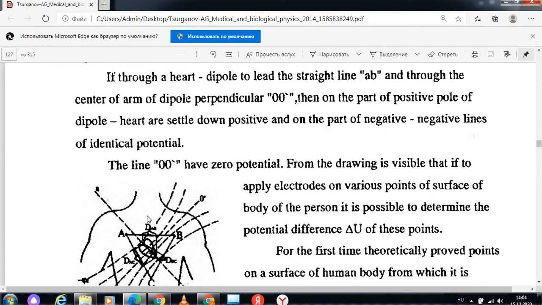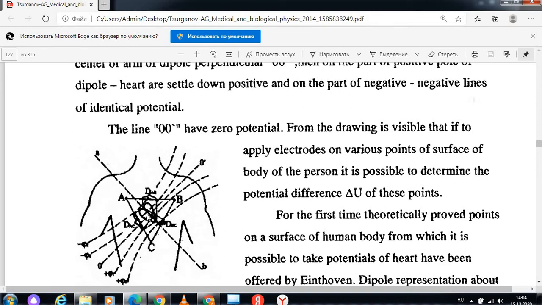then on the side of the positive pole of the heart dipole there settle positive, and on the side of the negative pole negative, lines of identical potentials. We have these equipotential lines here, like equipotential surfaces, with the special type of the difference of the heart potentials.